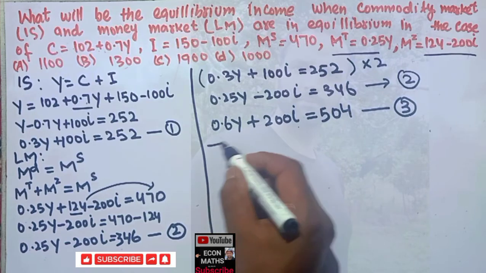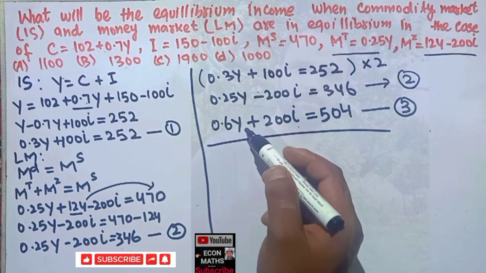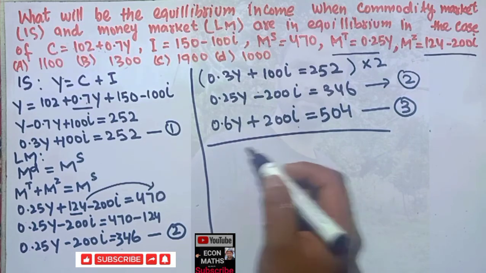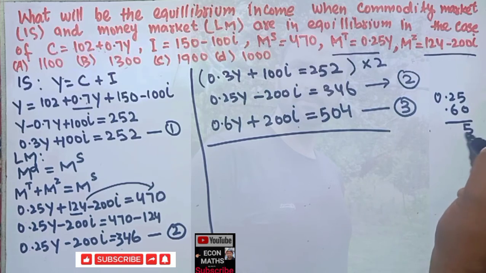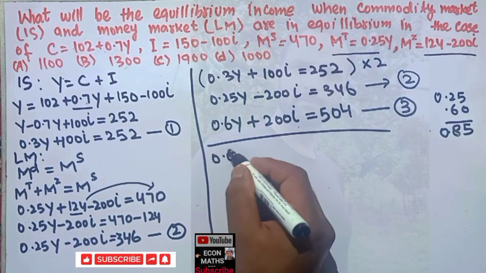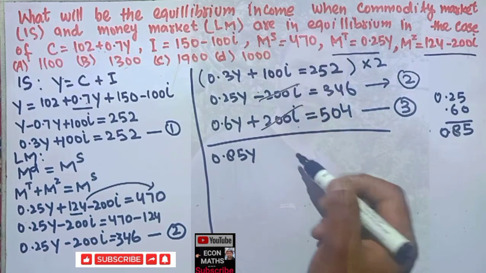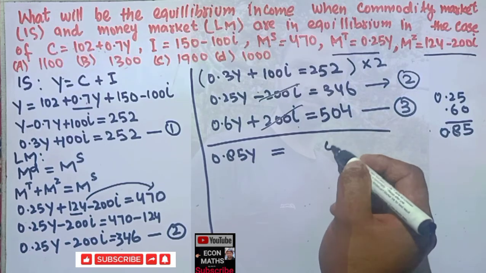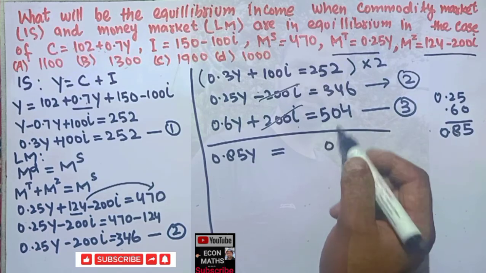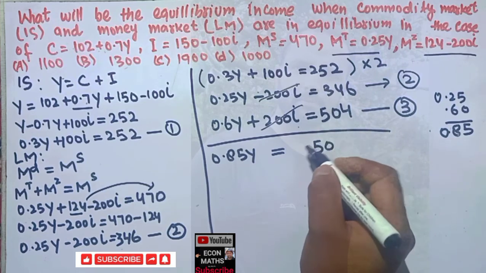So adding these two equations, we are left with 0.25y plus 0.6y, which is 0.85y, is equal to 346 plus 504, which is 850.